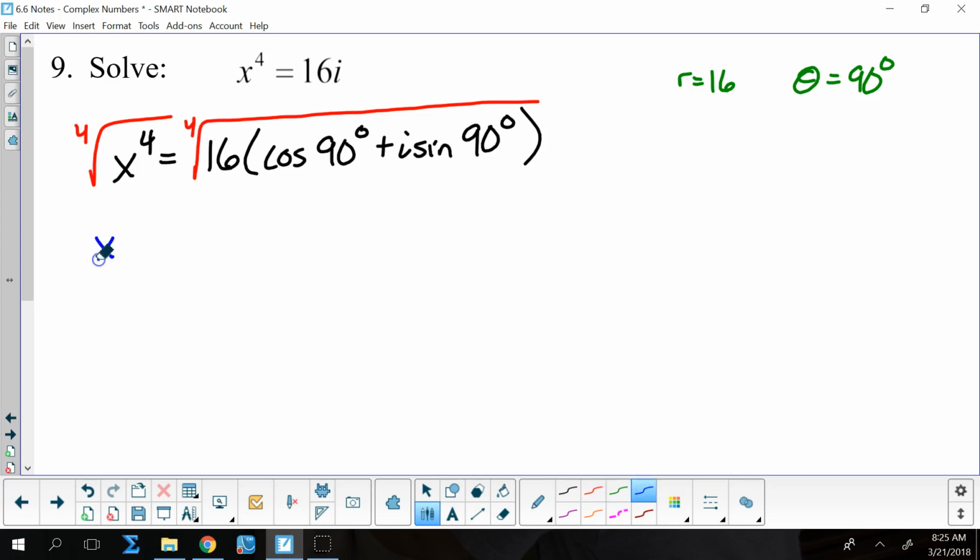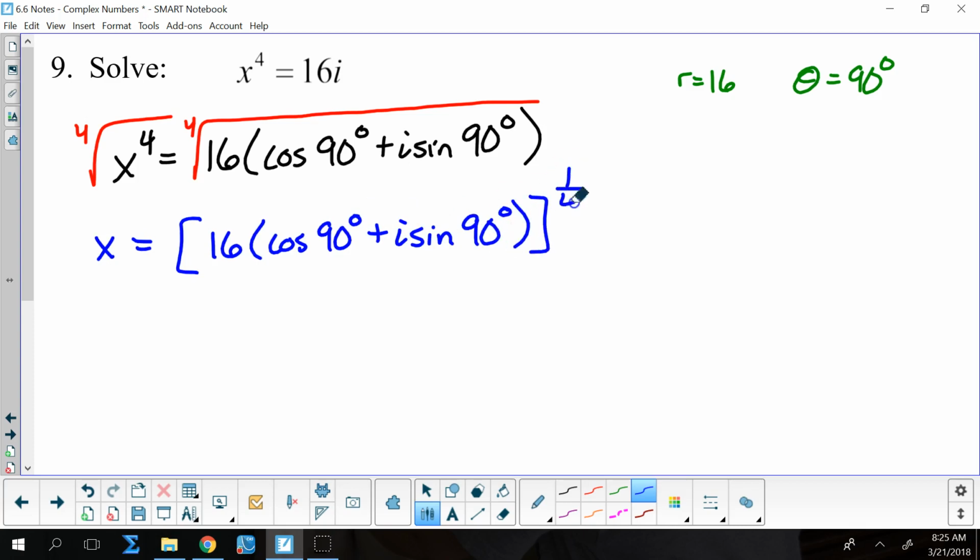So this gives me x equals 16 times the cosine of 90 degrees plus i times the sine of 90 degrees, all to the 1/4 power.